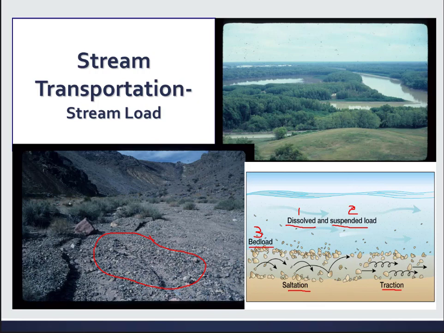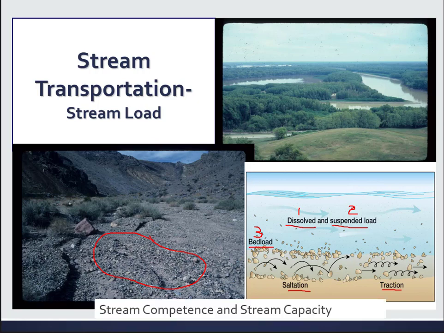Now, another aspect of stream transportation is the competence and the capacity. Stream competence tells you the largest particle size that can be carried. If you think about a stream at its headwaters, in the mountains, on a steep slope, gravity is going to help that water move faster, and it's going to be able to carry larger particles.